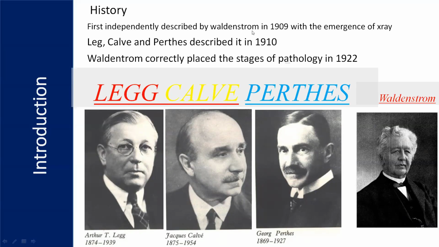He wrongly associated it with tuberculosis. A year later, Legg-Calvé and Perthes both described the disease independently, most likely due to a vascular cause. Waldenstrom later came in 1922, and he correctly placed the stages of the pathology.